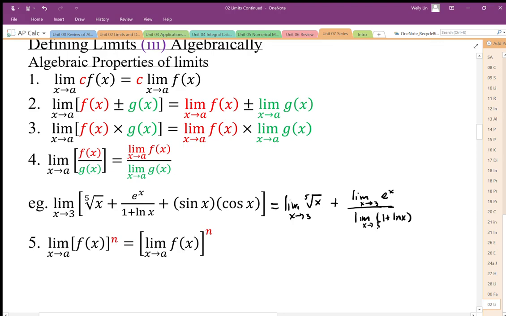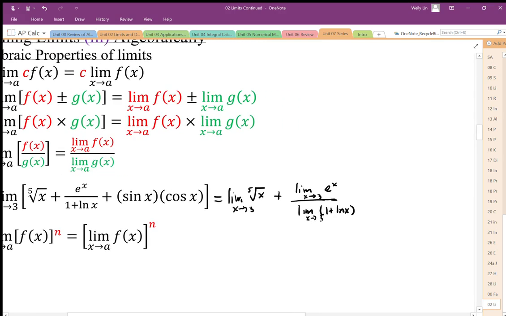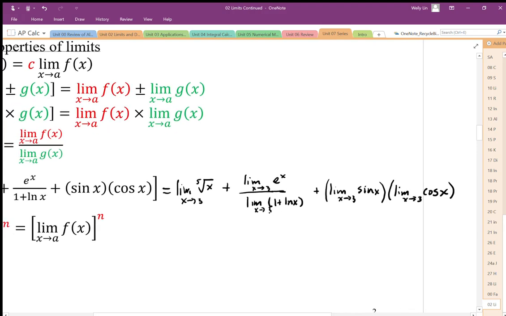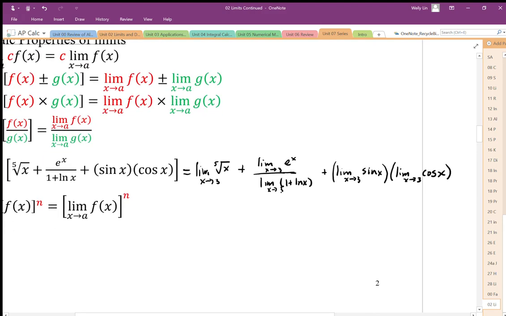Then we can add the limit as x goes to 3 of sine x, and we can multiply that limit with the limit as x goes to 3 of cos x. All those parts can be done separately. I could just plug in now and evaluate all those limits.